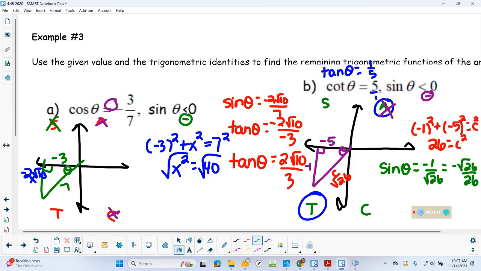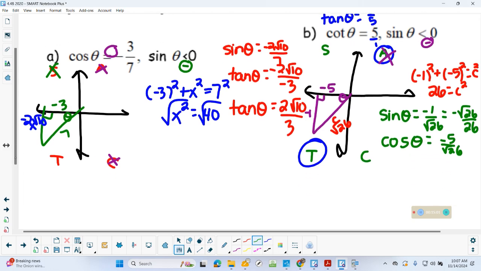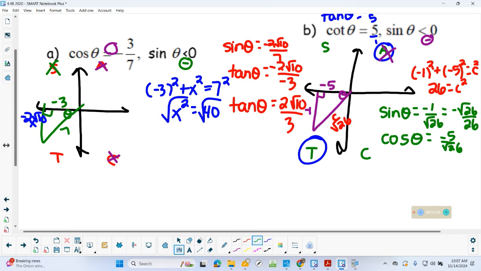Then let's do cosine, because we have tangent listed up there as 1 over 5, which is good because I really don't have any more room to write it. Cosine, of course, is adjacent over hypotenuse, and then of course you're going to rationalize it. I'm just going to scroll it down because I need some space here. So I'm going to put negative 5 square roots of 26 over 26.